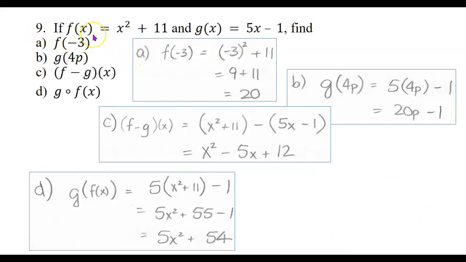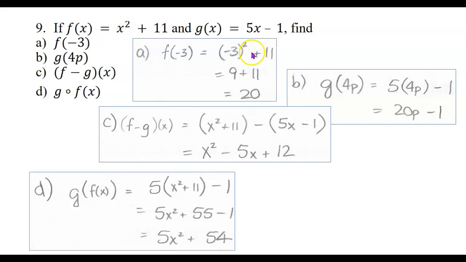In number 9, we are working with the functions f of x equals x squared plus 11 and g of x equals 5x minus 1. So first of all, f of negative 3, we are doing to negative 3 what f says to do to x.